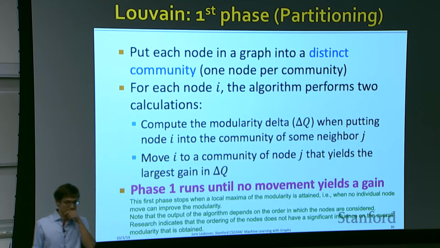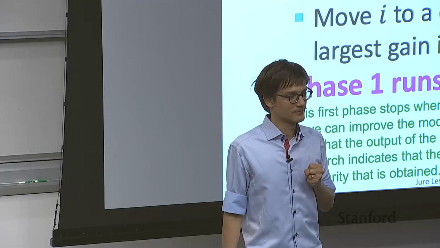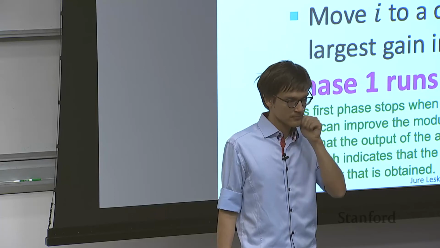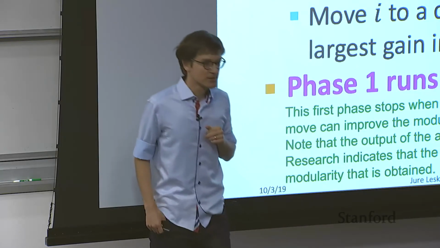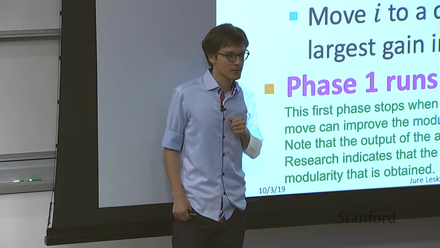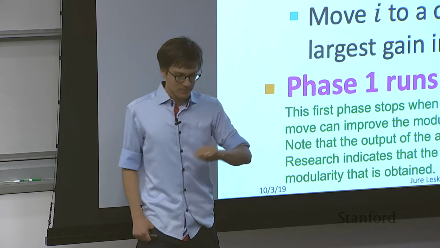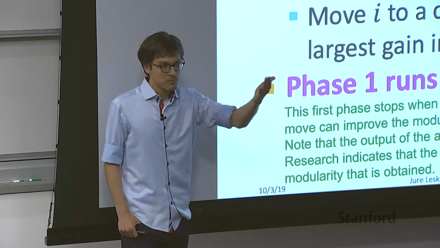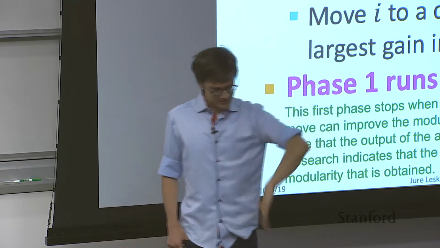Yes? Do you actually try to hit a local maximum, or do you just get some small delta Q? Because it's possible that the small changes might never actually converge. I don't think it's possible that small changes will never converge. I'm happy to talk offline, but I don't see why they should. If I'm only interested in a delta that's positive, then I will never take a step back.